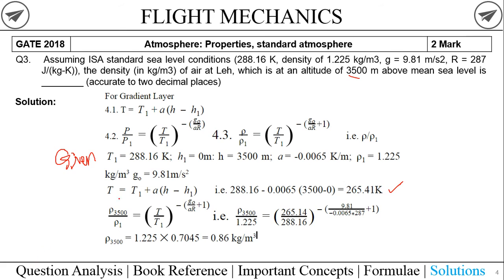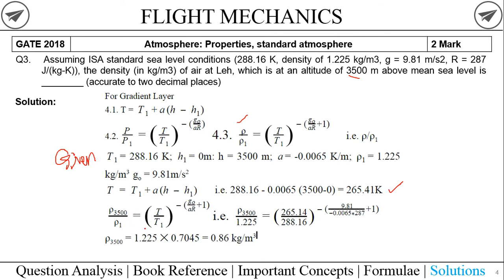Now, as we have found the temperature at that particular altitude, we substitute the value in the density ratio formula for the gradient layer. So the density ratio at 3500 meter altitude by density at sea level is equal to (T by T1) to the power minus (g naught by AR plus 1). Here we have found T as 265.14. Now we know the density at sea level, 1.225.